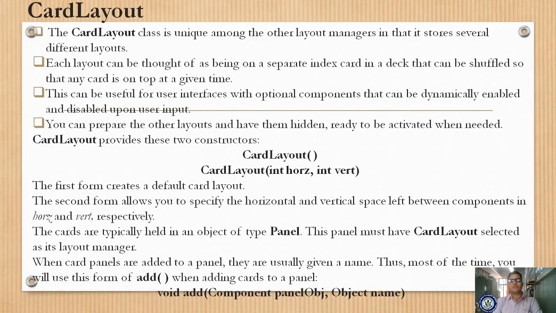That action is based on these card layouts. Whatever action you have specified, according to that action the layout will execute. If it is random, it will pick different steps. Hence in your interface arrangements it is very important. Now let us see, you can prepare the other layouts and have them hidden.